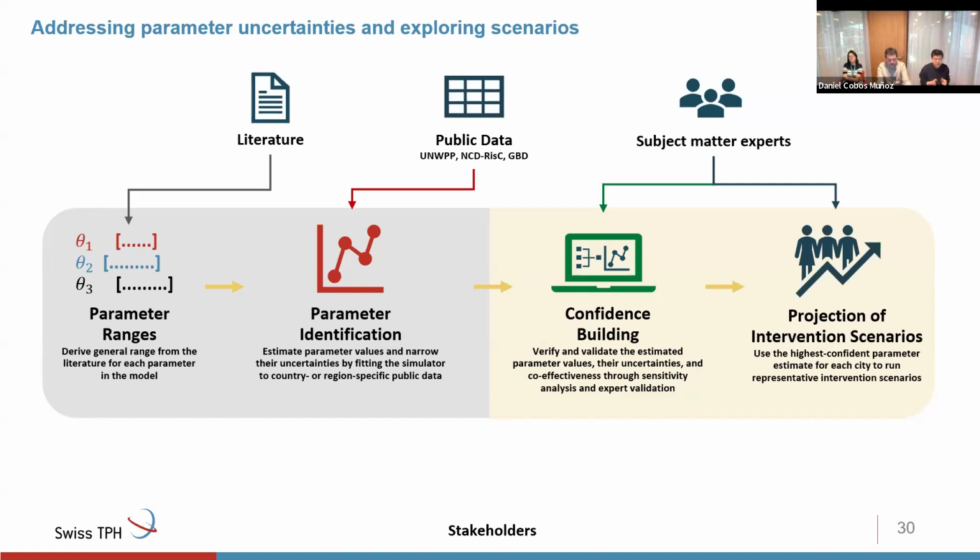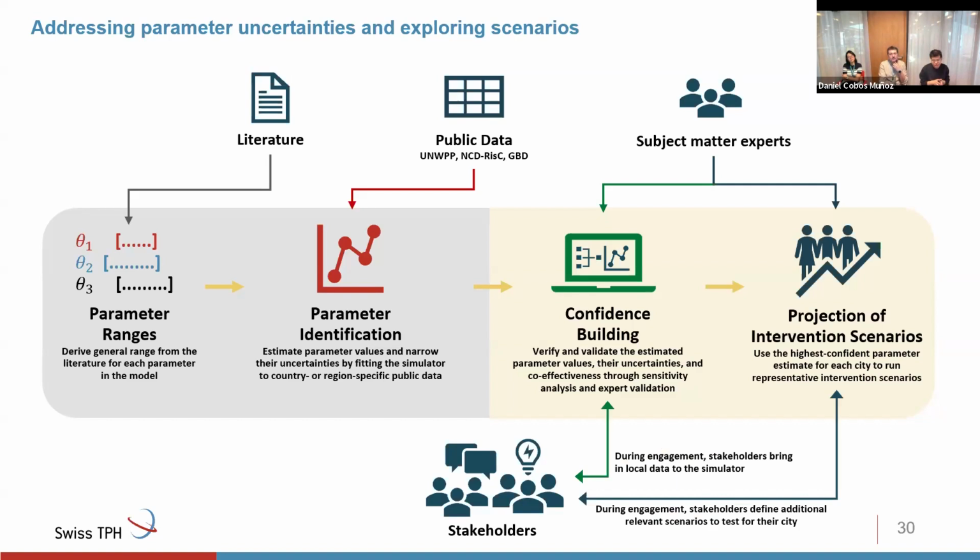Yeah, so the picture here shows a few steps. As we have been talking through, we inform the simulator using literature first when going to multiple countries and cities, but we also bring in public data, and we also carry out expert review. But in the end, we will also present this to the stakeholders in engagement and interaction with them.